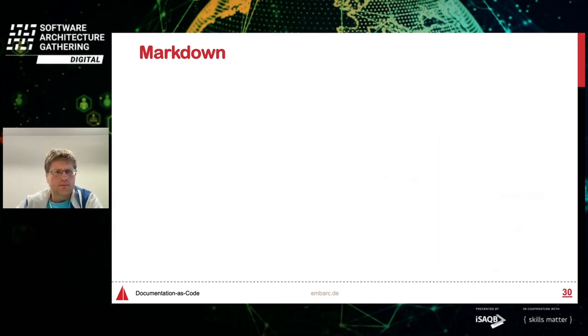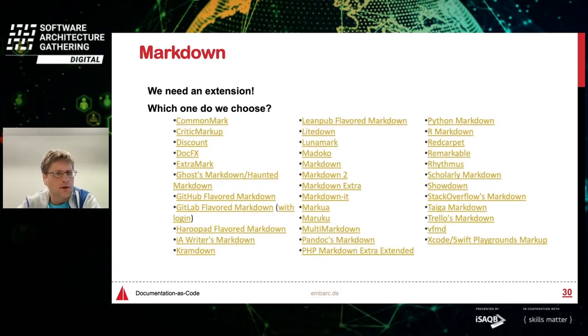So what's the solution for these missing parts of Markdown? You need an extension. And the question is which extension can we choose? There are quite a lot. Most of the companies which use Markdown for their tools have most of the time their own extension.